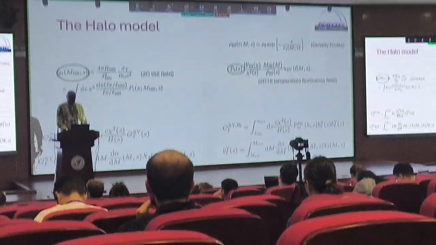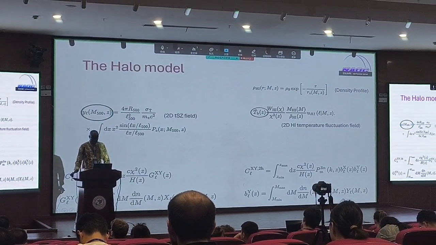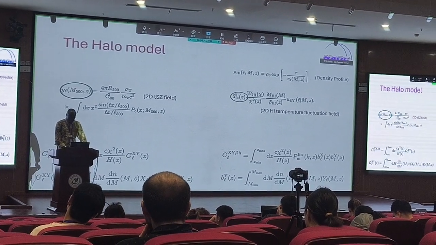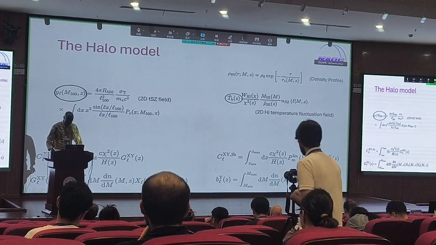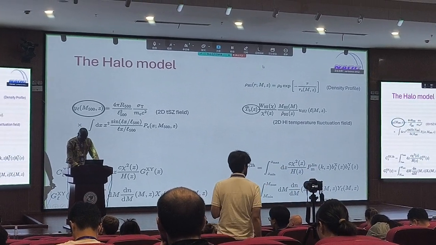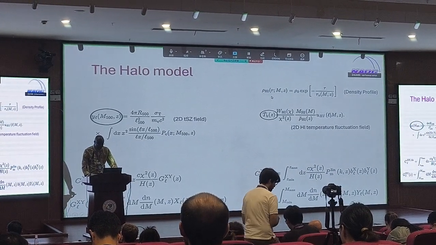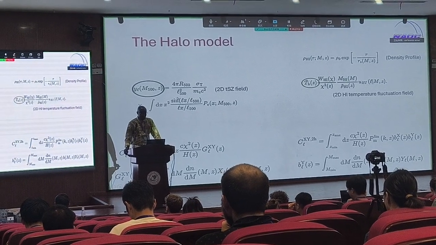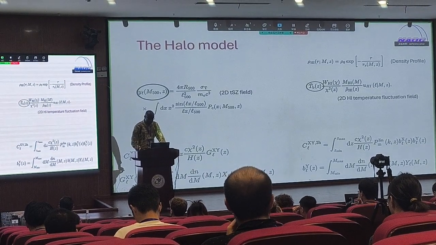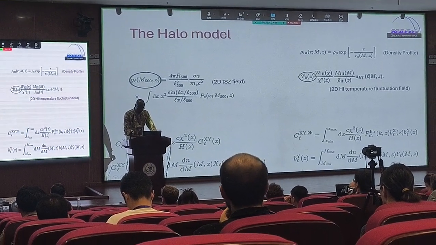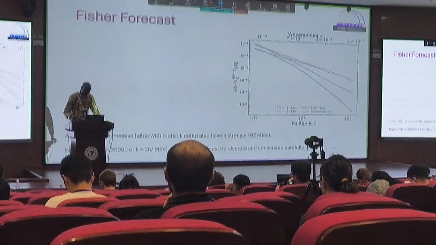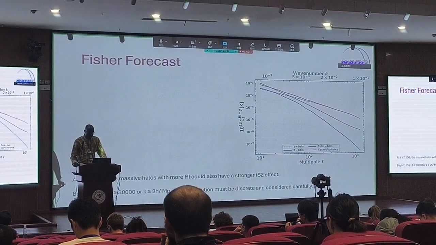If we assume a density profile, we can write down the Fourier transform of the normalized H1 density profile, and then calculate the 2D H1 temperature field. In parallel, we can also write down the 2D tSZ field and plug that into the expressions for the 1-halo and 2-halo terms of the halo model.